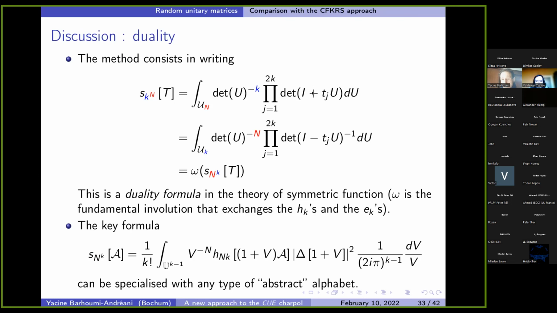And by doing this, I change 1 plus x by 1 over 1 minus x. You see, identity minus t_j minus 1. And this is the so-called omega involution in the theory of symmetric functions. This is called duality in mathematical physics. So you have exchanged n integrals with k, and you have exchanged the e_k's with the h_k's.